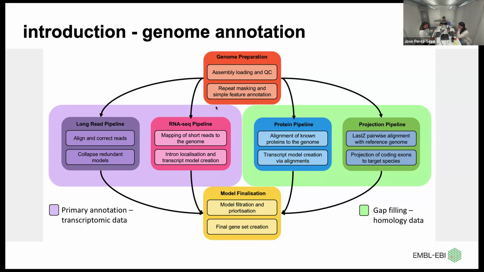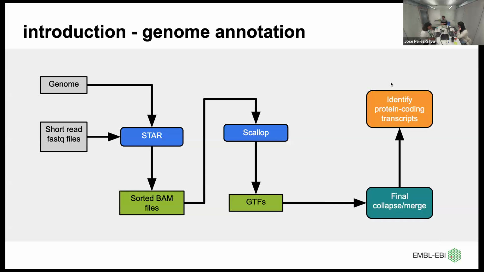But we are going to be focusing only on a little bit of it, the RNA-seq pipeline, which, as I mentioned briefly before, is one of the longest parts we have to run, mostly because, as you are probably aware, RNA-seq data tends to be very computationally heavy to work with.